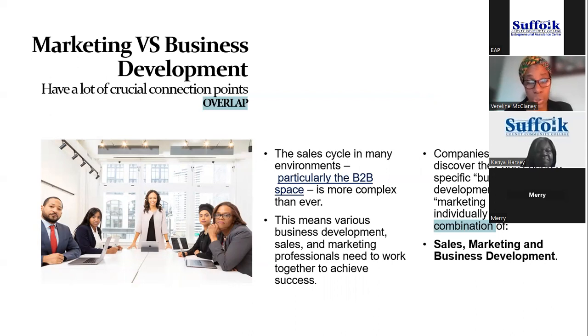Companies will usually have to think about the question, right? That you don't need a specific marketing developer or a specific marketing campaign or business developer, but how you're going to use the two of those services as a combination to really improve growth for your business. So we're looking at the combination of sales, marketing, and business development.